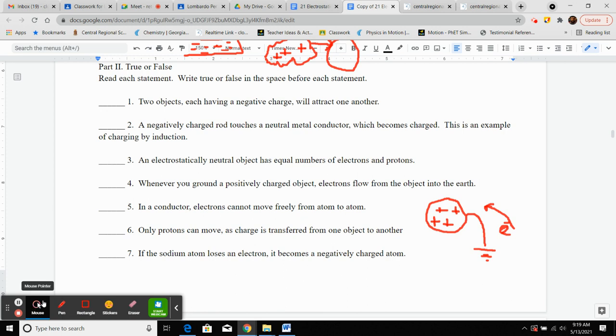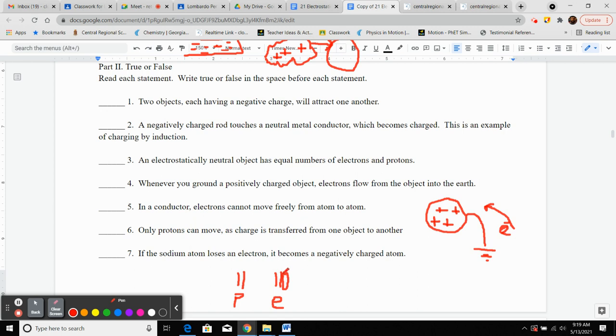Okay, so since it's 11, if something is neutral, it would have the same number of protons as electrons, right? So this says if it loses one electron, well, now how many electrons would I have? 10, right?